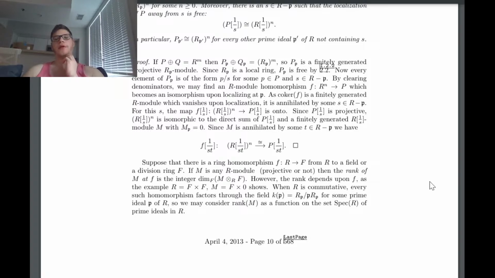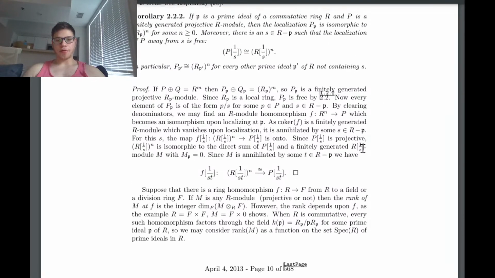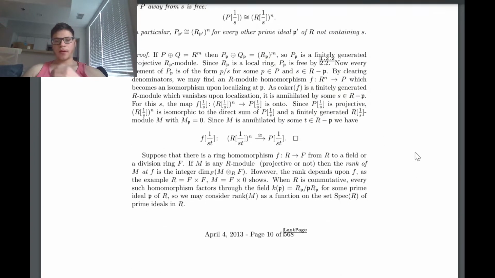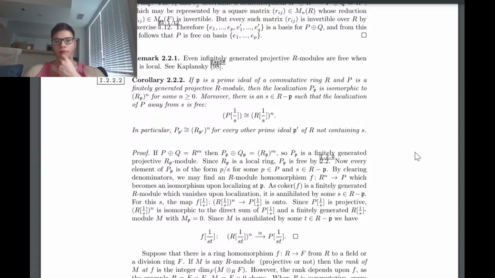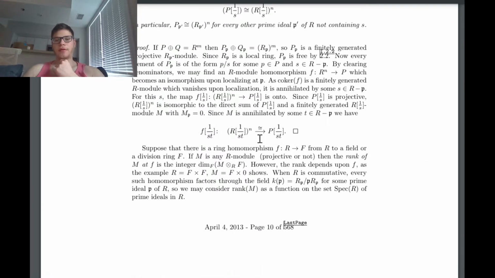Because the cokernel is annihilated. You localize, right. That means the map is onto. Okay, very cool. So this shows that there's this thing, and suppose there is a ring homomorphism from R to a field. That finishes the proof.